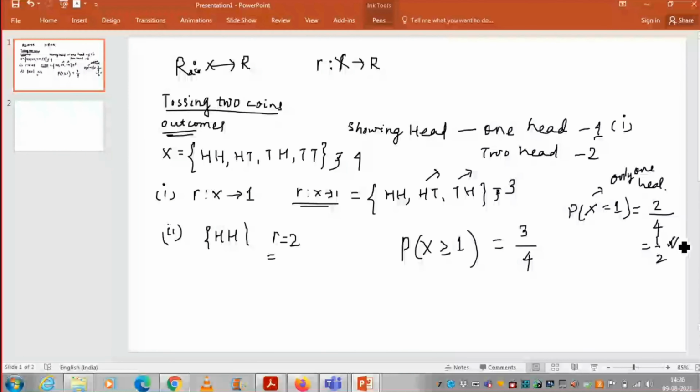So the probability is 1 by 2 for this random variable. When the random variable says only one head, this is the probability of that random variable occurring. For example, if I am throwing dice or balls, randomly how much of the time will it come? What is the probability of that randomness? That is the probability which we will go through in detail.